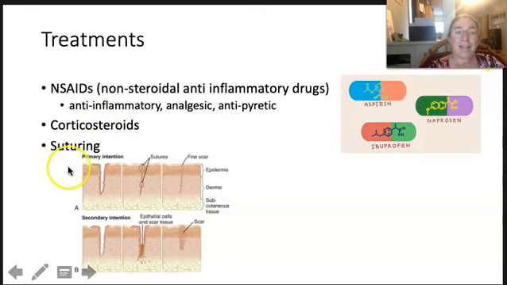Another thing that I added in here for injuries, particularly to the skin but even in organs as well, is that suturing is a physical method that can aid in the healing process.